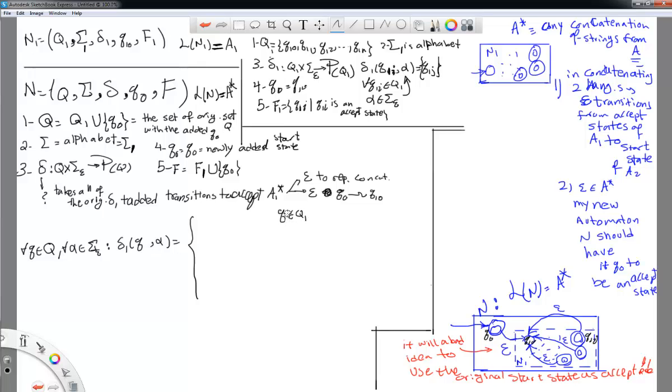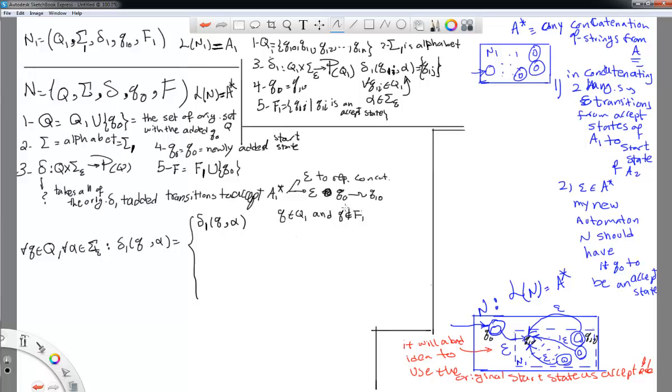So if q were a member of Q sub 1, and also it wasn't a member of F sub 1, then that means it's one of these intermediate transitions. So there's nothing complicated to do. I'm going to just follow the original transition for that. So it's going to take delta sub 1 of q and alpha, so it comes from N sub 1.